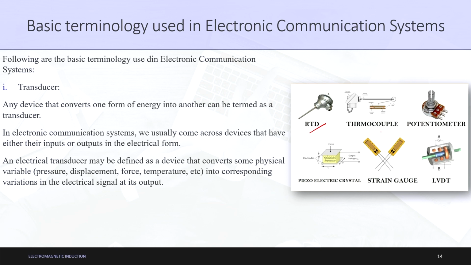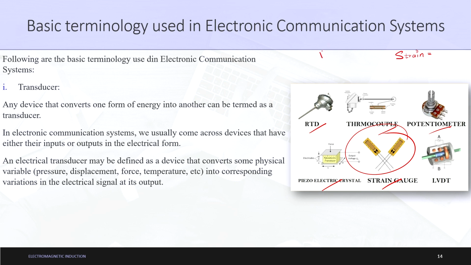There is an RTD, a thermocouple, a potentiometer, a piezoelectric crystal. Strain gauges have an input variable of displacement, and are used to calculate strain. Strain is a physical concept.